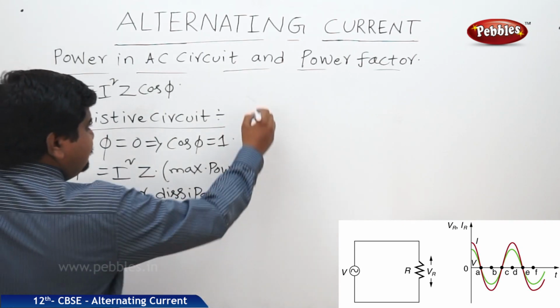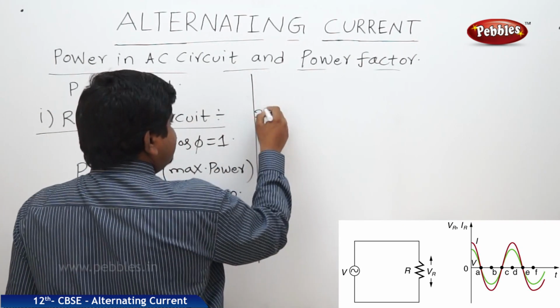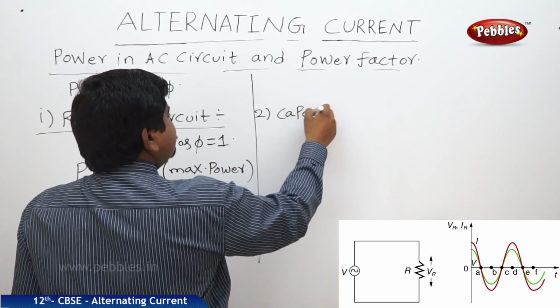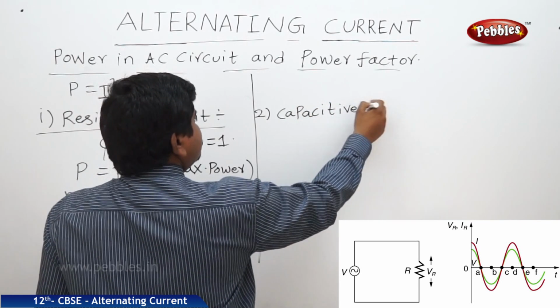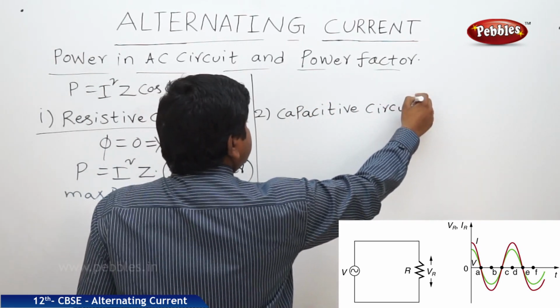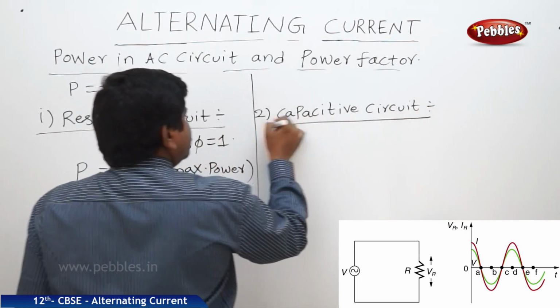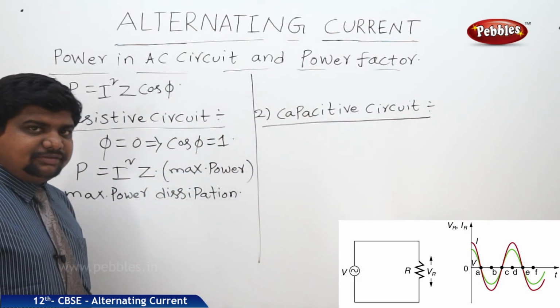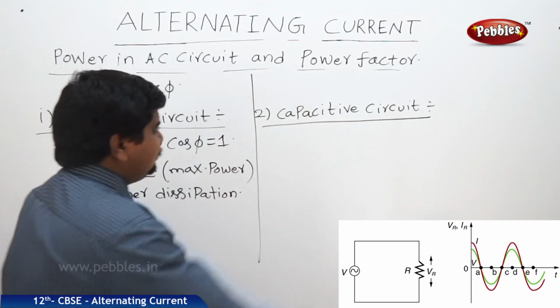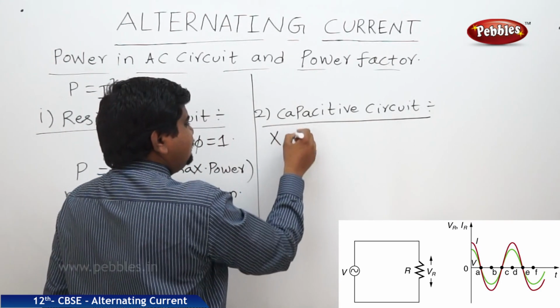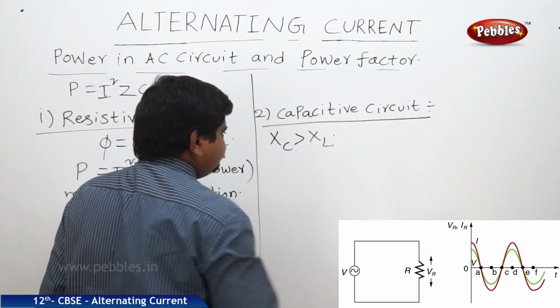Now, one more, capacitive circuits. What is the meaning of capacitive circuit or inductive circuit? Capacitive circuit means we can say XC is greater than XL.